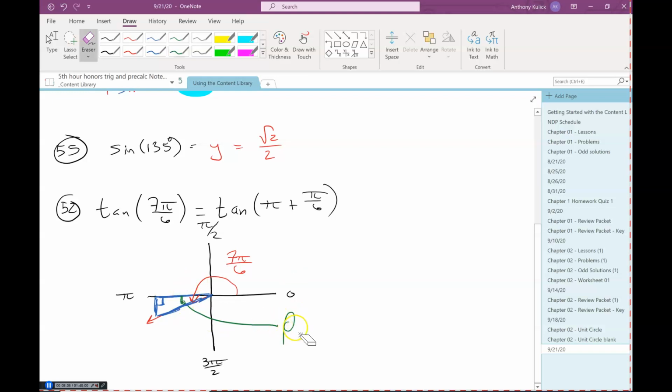I'm going to call this angle, well, I guess we haven't had a theta yet, so I'll call it theta. So if you think about it for a moment, it shouldn't be too hard to see that this angle is pi over 6, right? And I know that pi over 6 is really the same thing as 30 degrees. So the triangle that I've drawn there in blue is a 30, 60, 90 triangle.